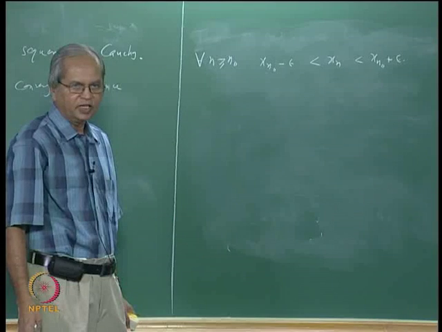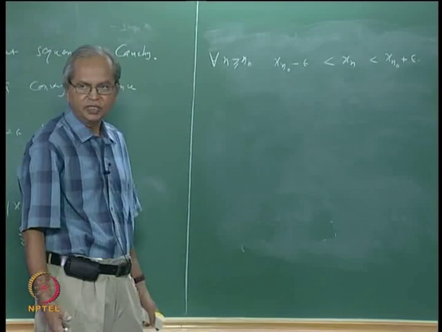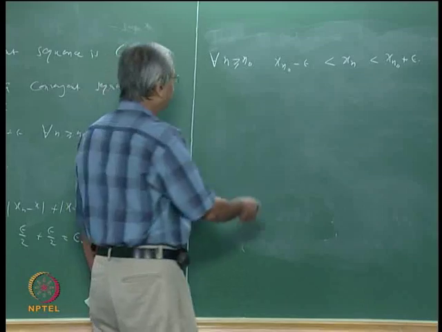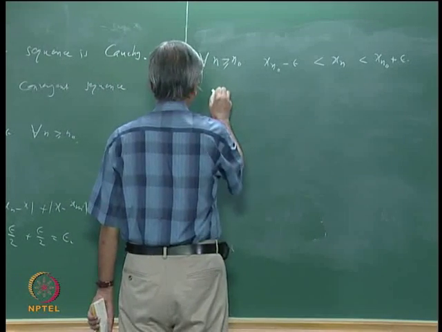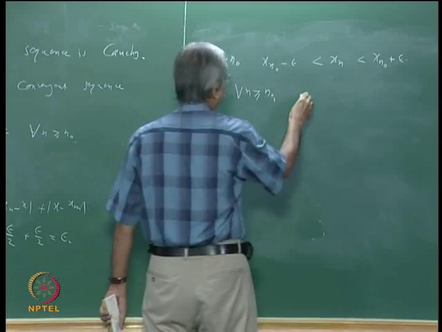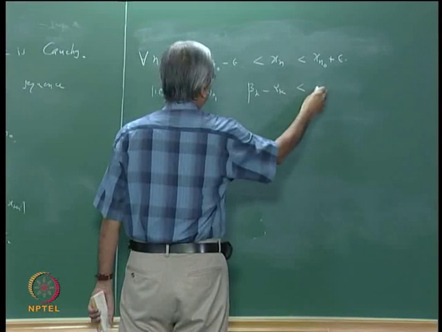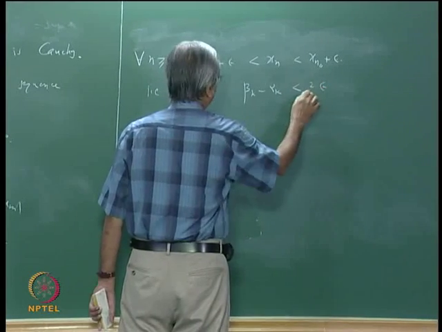Suppose you take k bigger than or equal to that n0, then the difference between alpha k and beta k must be less than... can you say from here that for all n bigger than or equal to n0, beta k minus alpha k must be less than 2 epsilon?